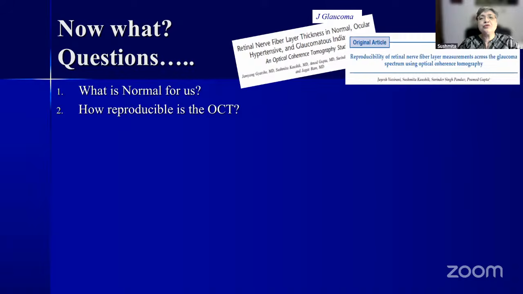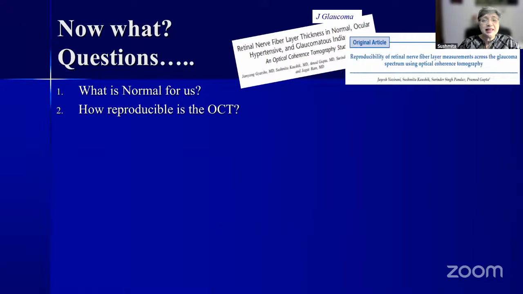Then the next is how reproducible it is from machine to machine, or rather from examination to examination, intra-test or inter-test, how reproducible it is. So that's the next thing we thought we'd see. And then we realized that the reproducibility of the spectral domain was actually about 7 to 10 microns only.